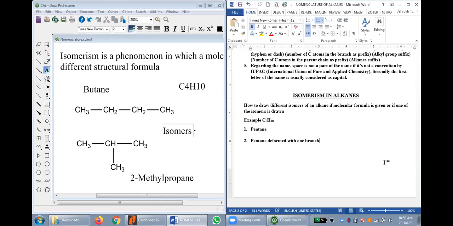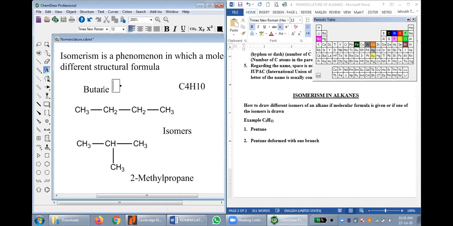Sir, if it is C5, then shouldn't it be H12 in the example? Sorry, C5H12. Sorry. Thank you. Instead of writing an alkane, I wrote an alkene. Thank you for the correction. So over here, change the examples.